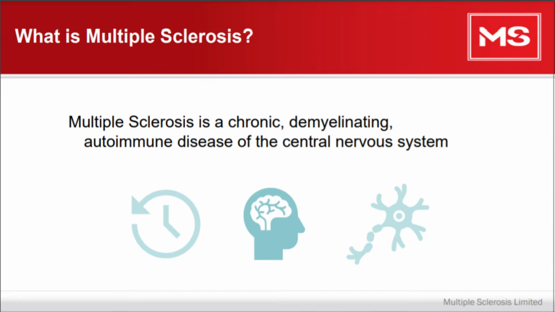It's not curable currently. Let's hope there's a cure found very soon. It's definitely not contagious. It is a lifelong condition, and as I've mentioned, we don't fully understand the cause.